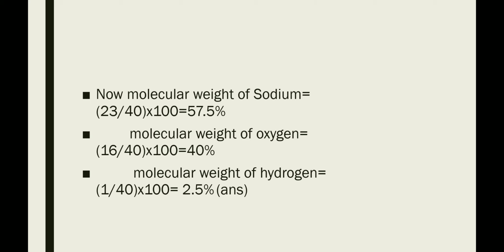That means 40% of oxygen is there in one molecule of sodium hydroxide. Now, percentage composition of hydrogen in sodium hydroxide. One sodium hydroxide contains one hydrogen atom whose atomic mass is 1. So, 1 by 40 into 100. That is equal to 2.5%.